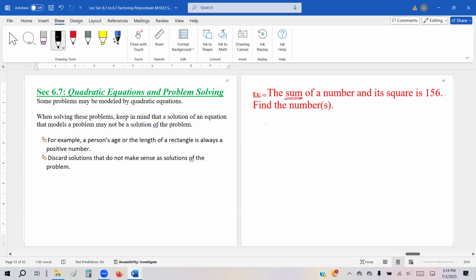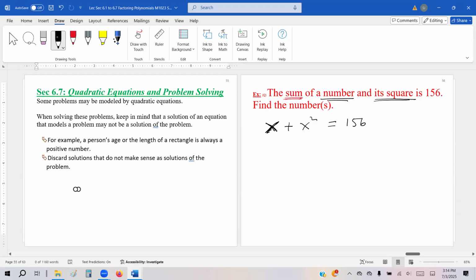Plus. So we are adding 2 things: a number and its square. If that number is x, what is its square? X squared. So x plus x squared equals 156. If we add a number with its square, it becomes 156.